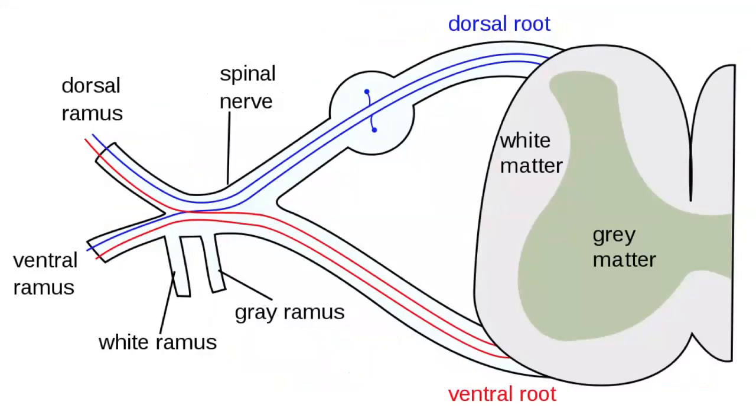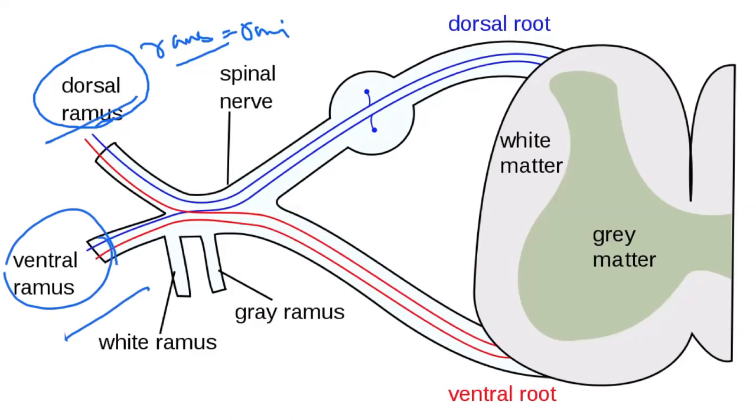So the spinal nerve again divides as a branch. It is called as ramus, and plural is rami. So this is a dorsal rami, and this is ventral rami.